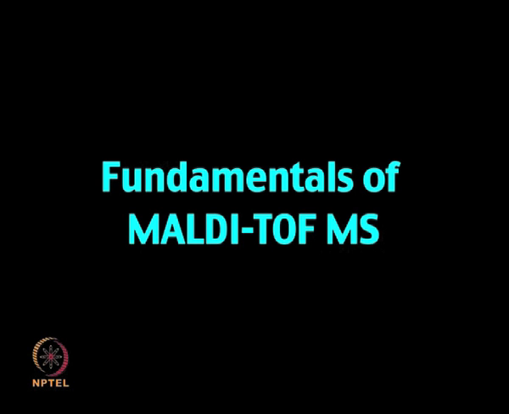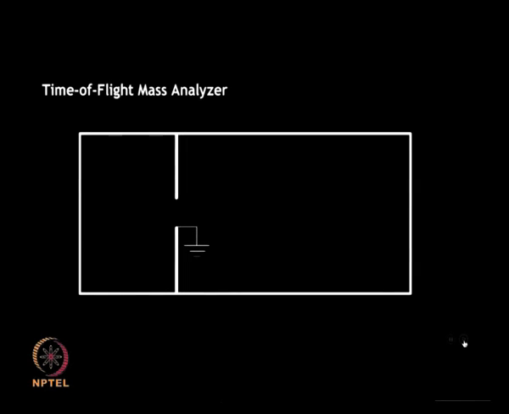Fundamentals of MALDI-TOF MS. The time of flight analyzer resolves ions produced by the ionization source on the basis of their mass to charge ratio. The time of flight tube can be operated in the linear mode or the reflectron mode, which depends on the sample to be analyzed.